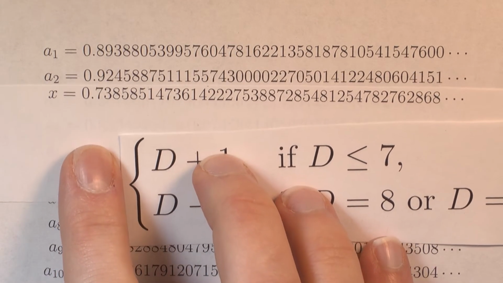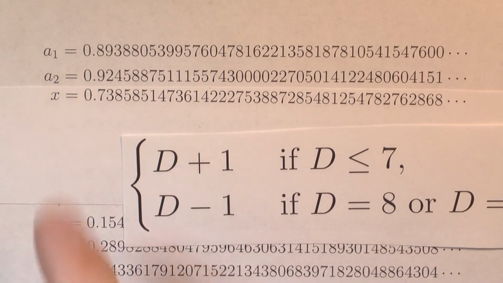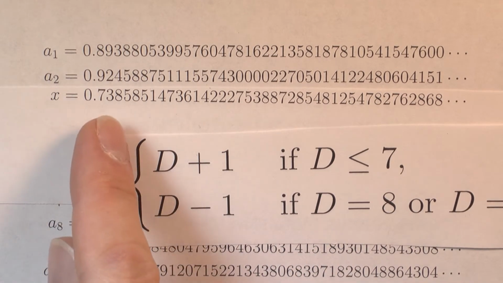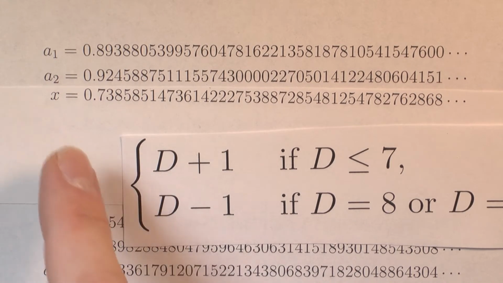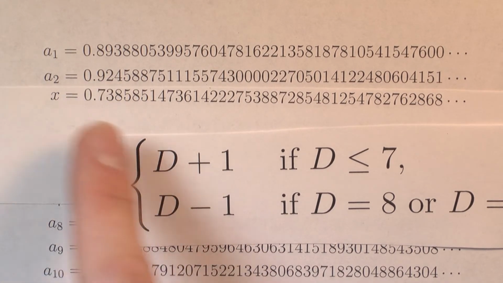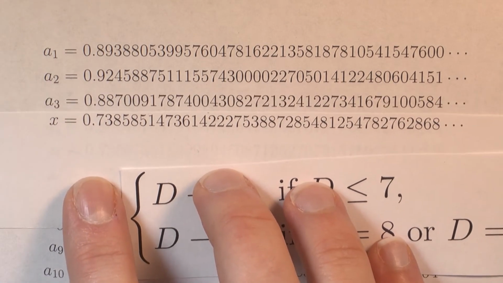Well, maybe x is the second number on our list. It can't be that one because the second digit of the second number on our list is a 2, but using this formula for the digits of x, the second digit of x is a 3. And because x differs from a sub 2 in the second place after the decimal point, x can't be a sub 2. Maybe x is a sub 3.